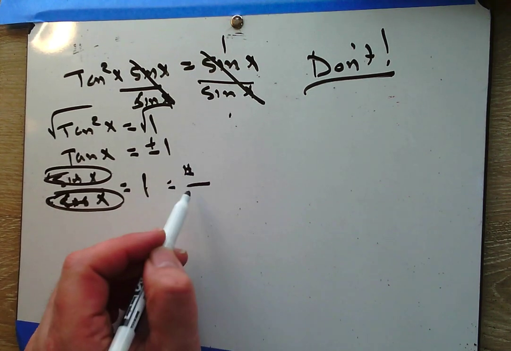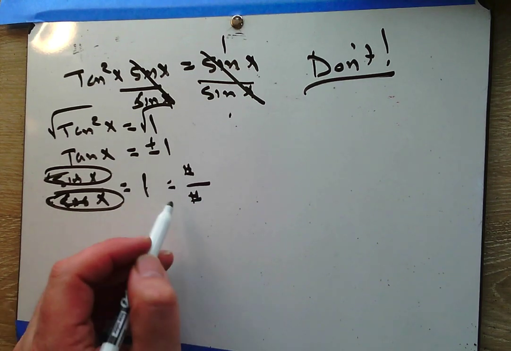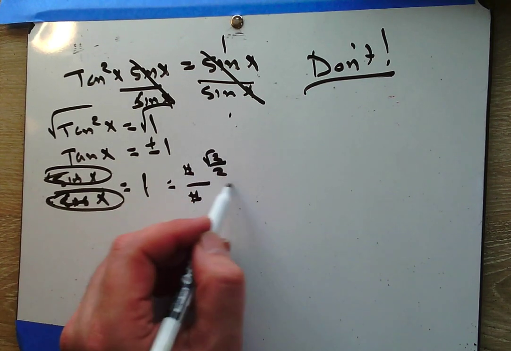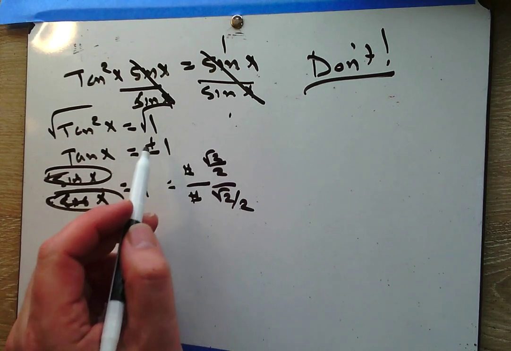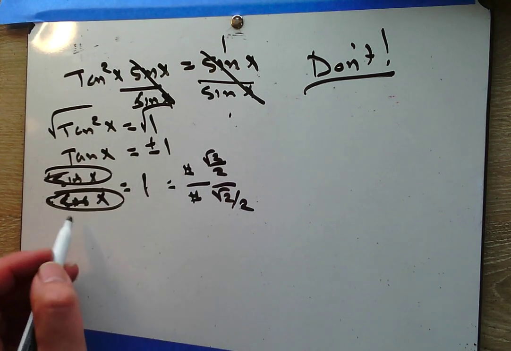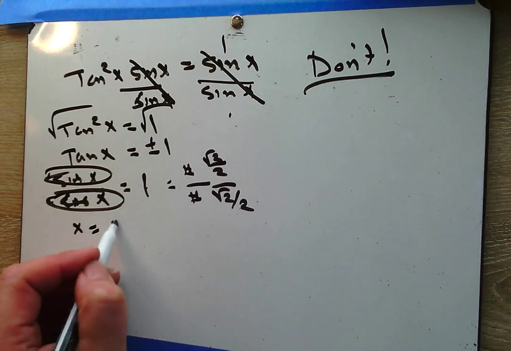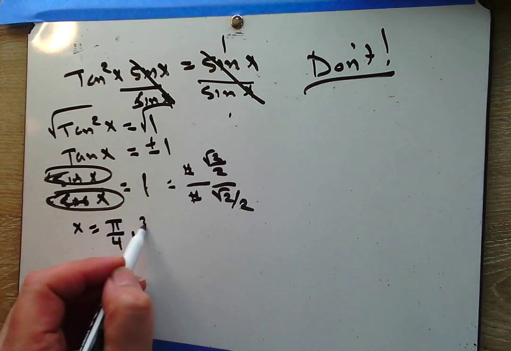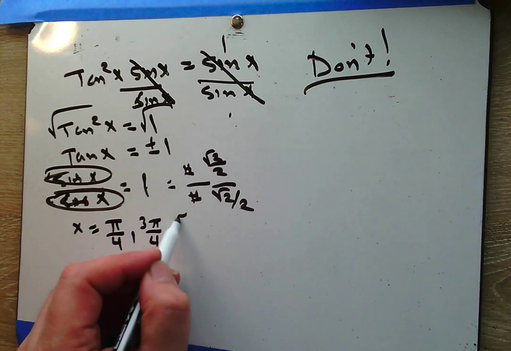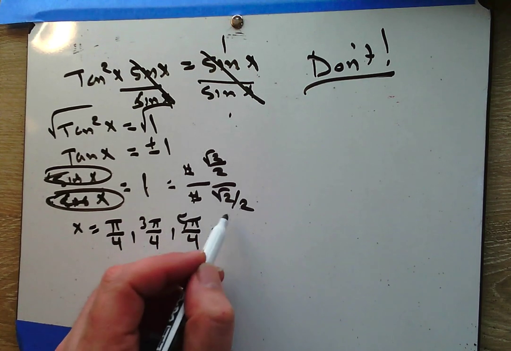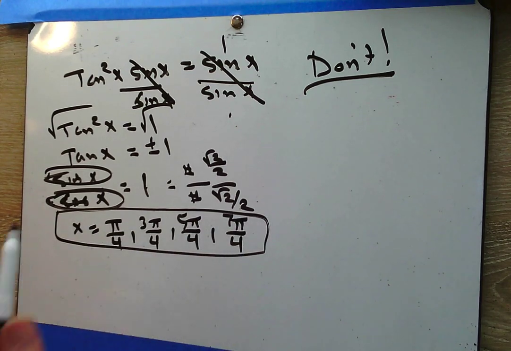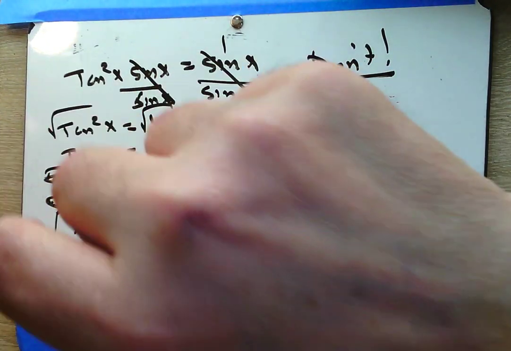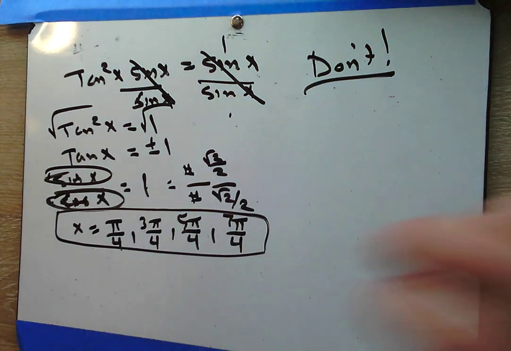They have to be the same number. And that happens when I have root 2 over 2 over root 2 over 2. But remember, we're looking for plus and minus 1. So that's going to occur when x equals pi over 4, 3 pi over 4, 5 pi over 4, and 7 pi over 4. And so we feel like there are going to be 4 solutions here. And they're all going to be at pi over 4s.